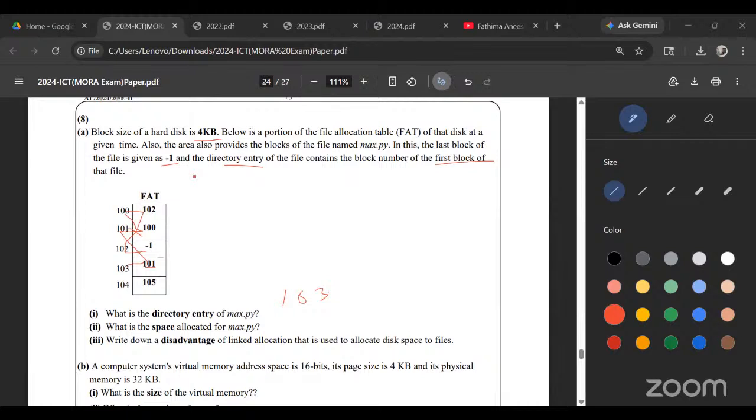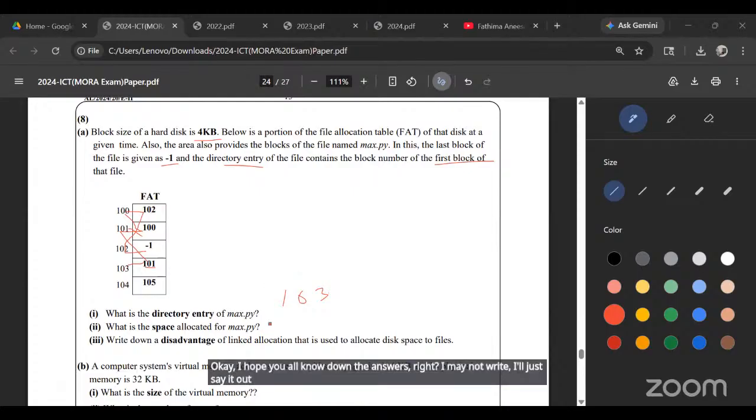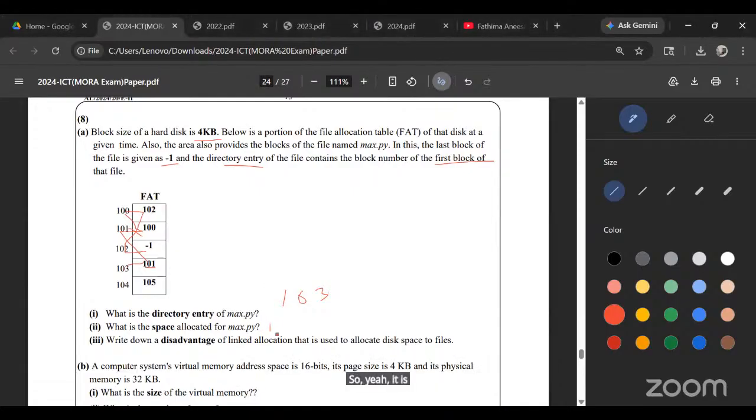Okay. I hope you all noted down the answers, right? I'll just say it out. So here it is 16 KB, right?